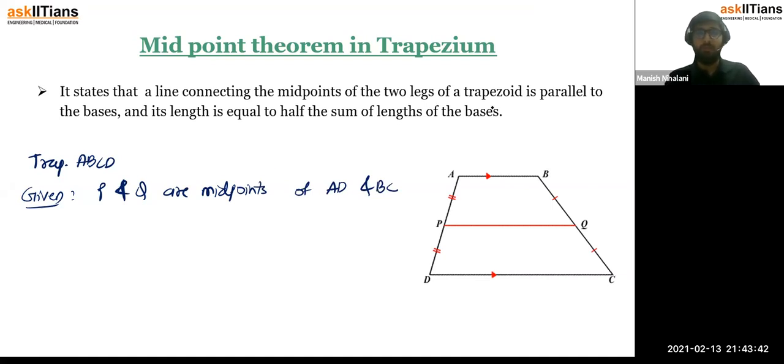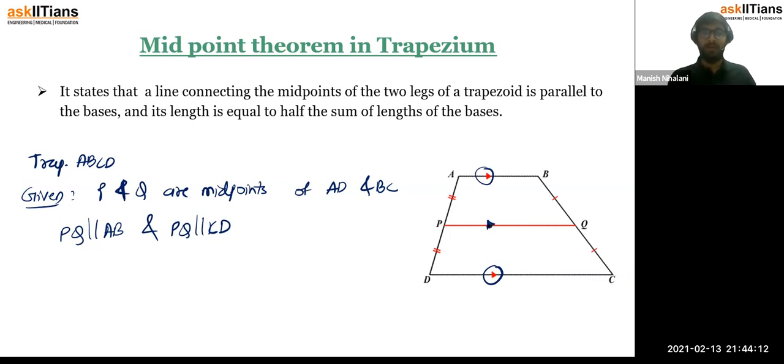So we would say the line joining the midpoints of the two legs is parallel to the bases, which means PQ is parallel to AB and PQ is parallel to CD also, both of them, right? You can see these arrows. This arrow means that they are parallel. So PQ is parallel to AB and CD both, and P and Q are midpoints.